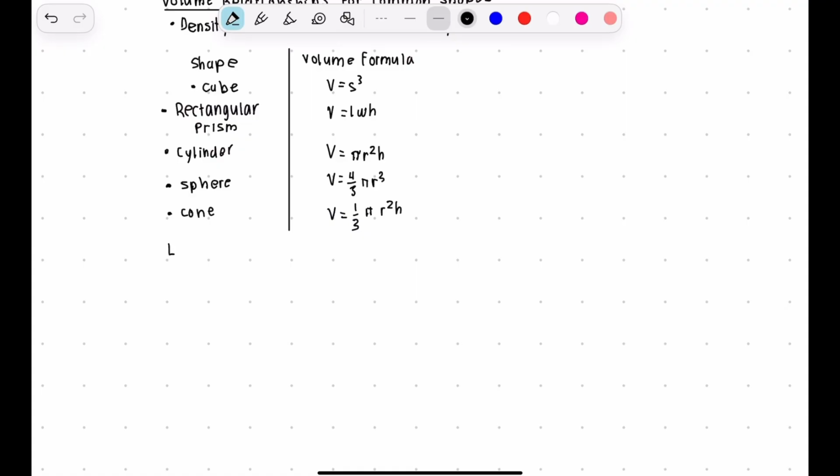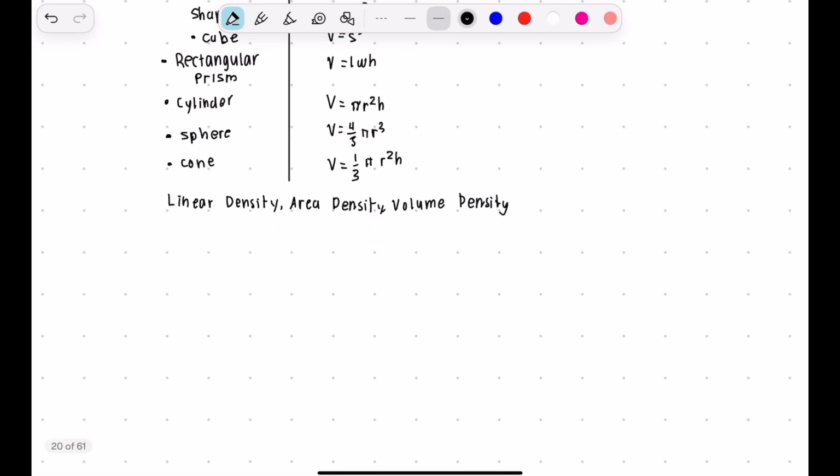Now, let's move on to linear density, area density, and volume density.